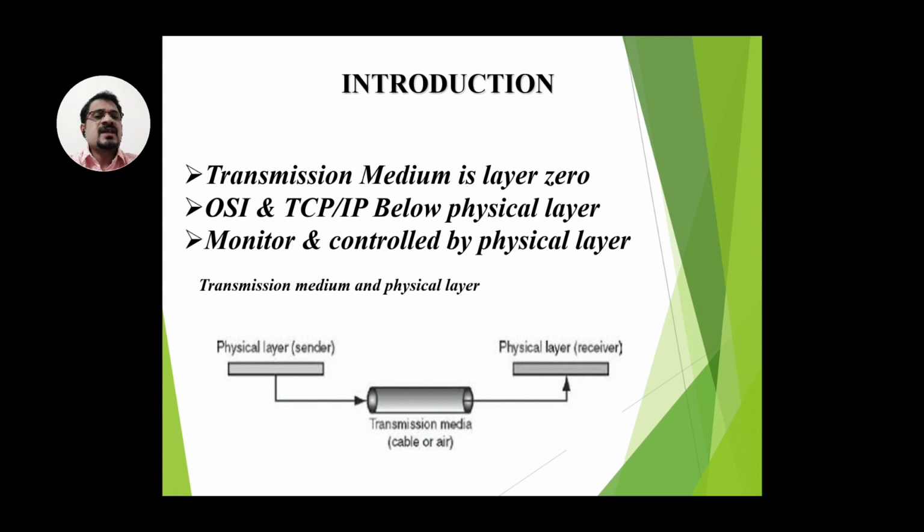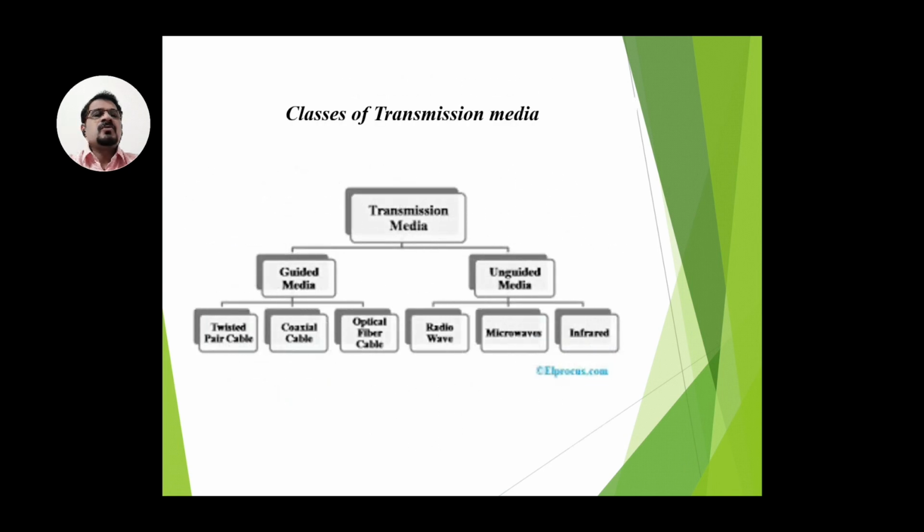On the receiver side, the receiver must have a device which can detect and receive that particular transmission media signal, and then automatically the receiver can receive that data. Now the classes of transmission media.